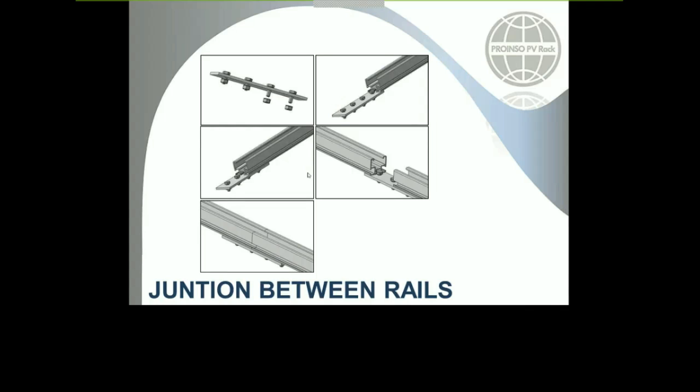And now, as I promised, here is the junction between the rails. Simple steps. This plate comes inside the box, has 4 holes, okay, and 4 bolts and washers will be required.